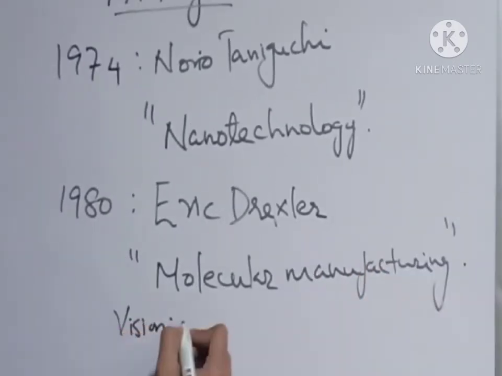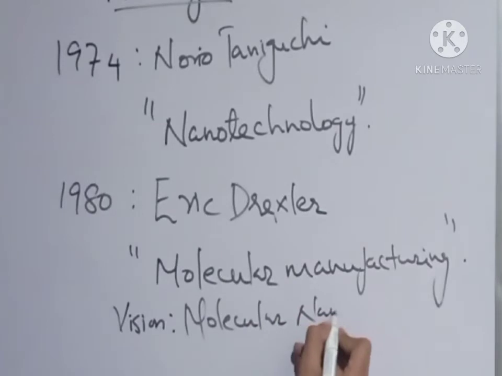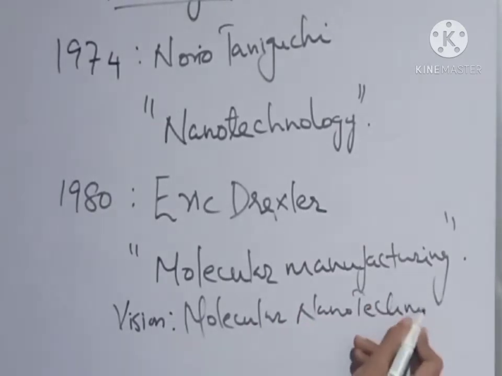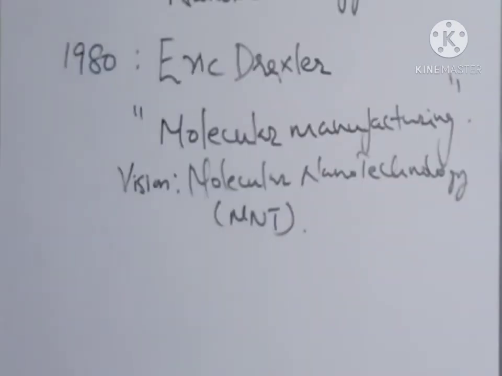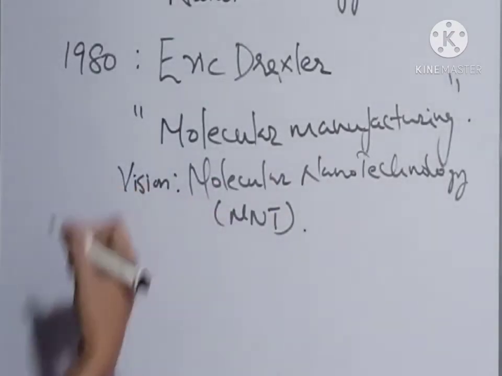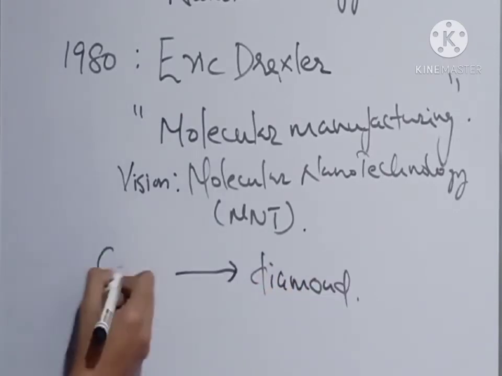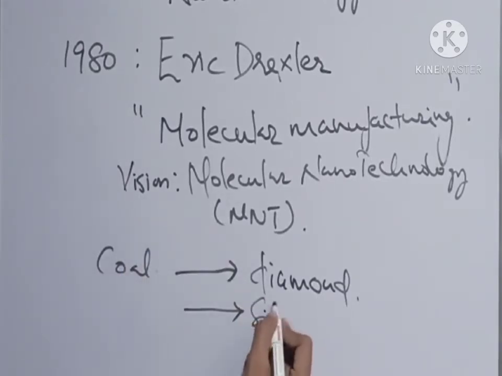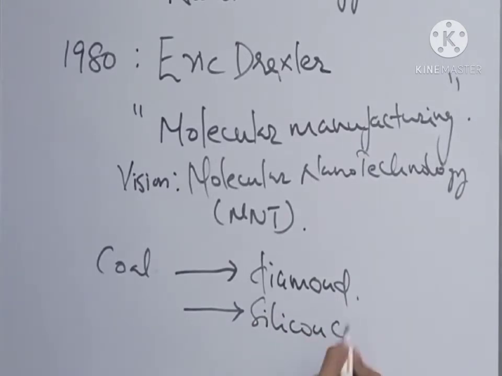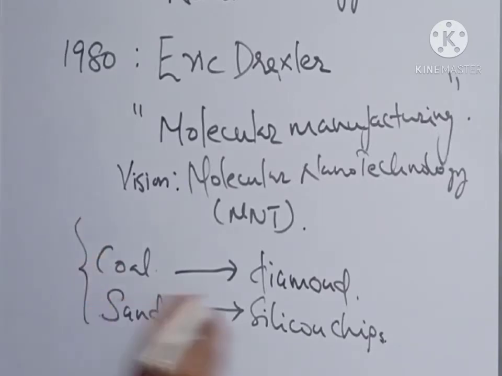And his vision was molecular nanotechnology. He claimed that we can prepare diamond from coal, and even we can prepare the silicon chip from sand. This was his claim.